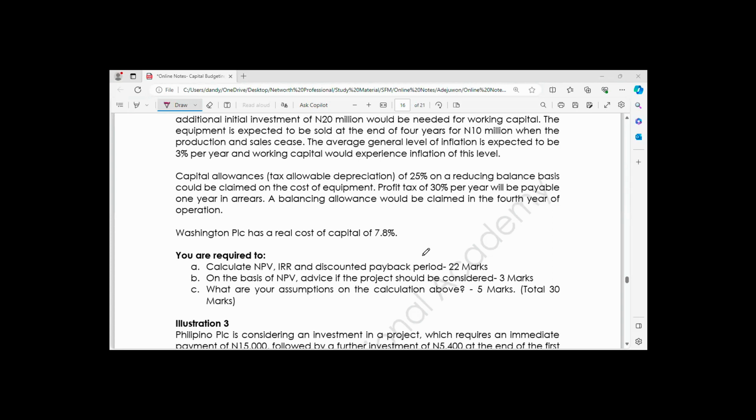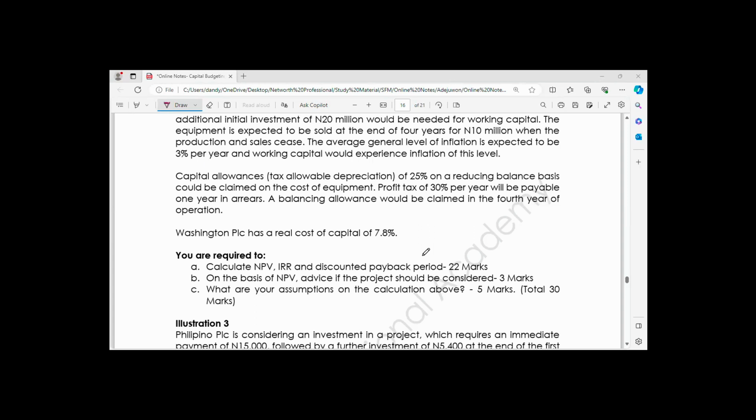It is also possible that the examiner may not give you the discount rate to use. It may well be that you are the one that will calculate the cost of capital. Then number 3, to calculate your NPV, you need the useful life of the project. So those 3 elements must be present whenever you want to calculate NPV.